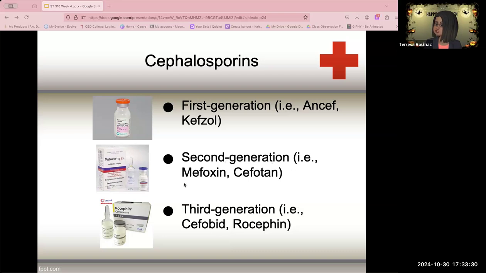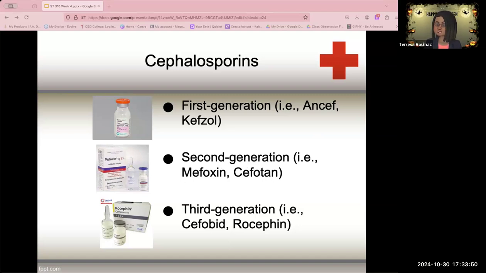We have our second generation, Cefoxitin, Cefotan. These are, again, broad, but they are used for treating intra-abdominal infections and gynecological infections. Okay, so abdomen, gynecological, second generation.